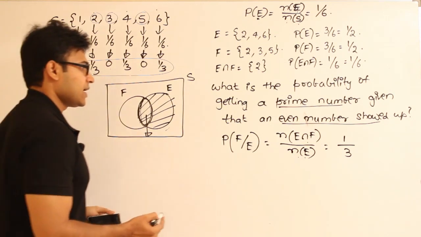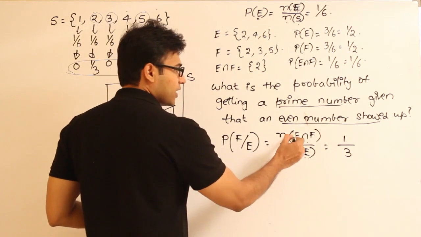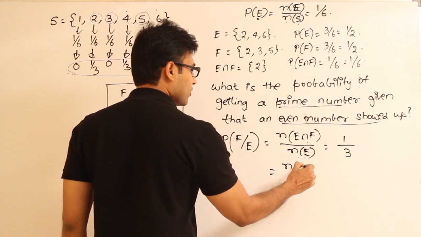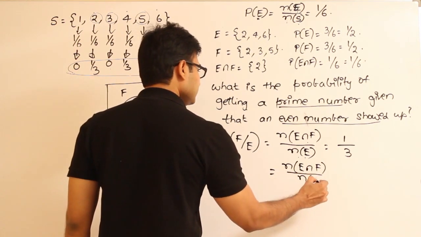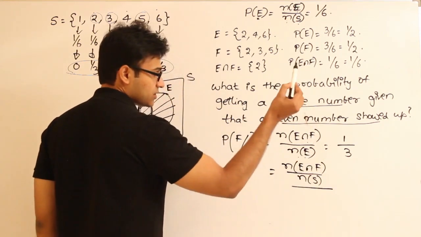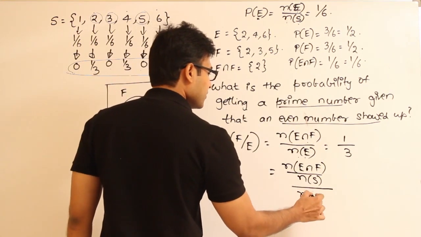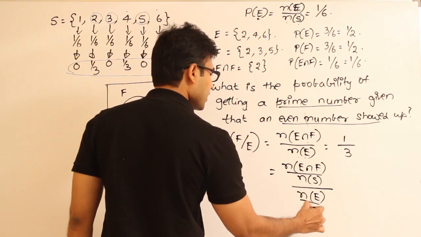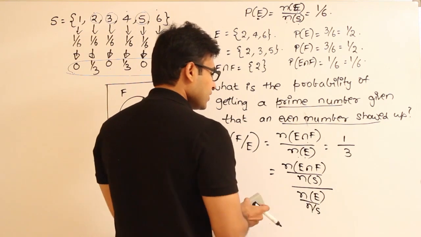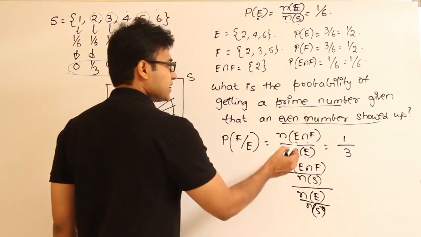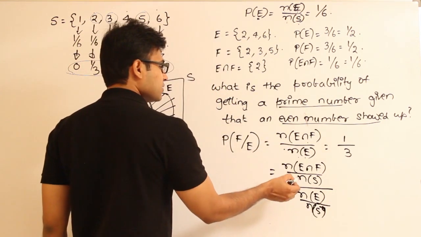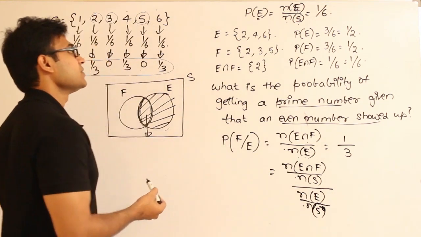Or the standard way is, I am just going to divide this one, n of E intersection F divided by n of S, where n of S is the original sample space, divided by n of E divided by n of S, which means I am just dividing the numerator and denominator by the number of elements in the sample space.